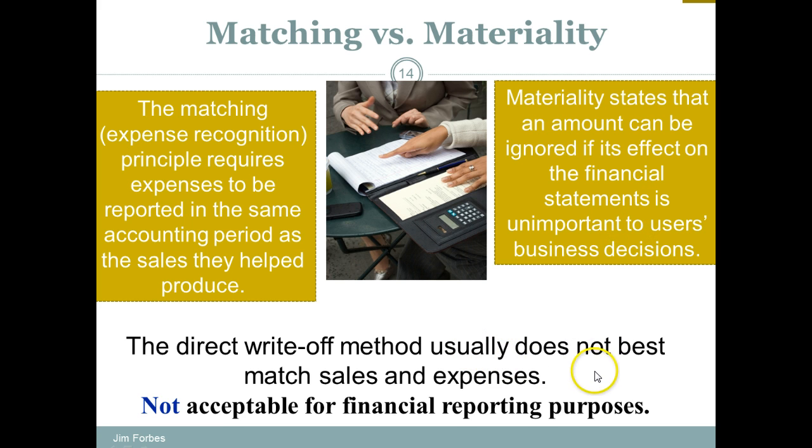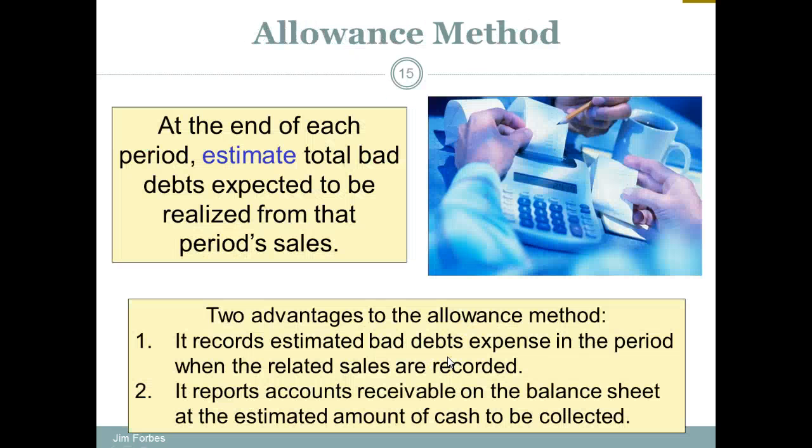So the direct write-off method usually does not best match sales and expenses, and it's not accepted for financial reporting purposes. Now, many businesses do this, but it's not according to GAAP. But many businesses do not do their financial statements to GAAP. However, we are learning the GAAP methodology in this class, so let's explore this.